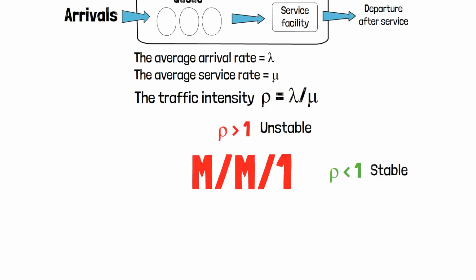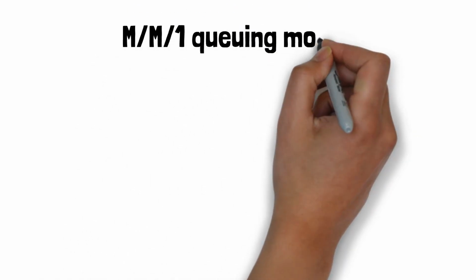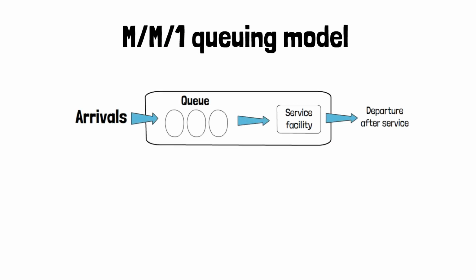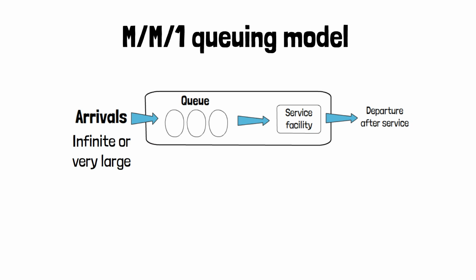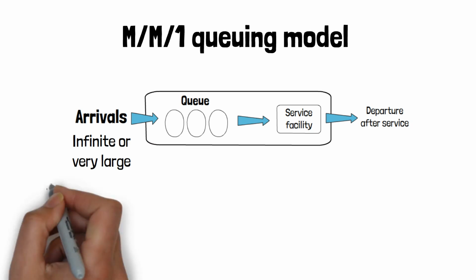The MM1 queuing model is based on several key assumptions that define its structure and applicability. Firstly, it assumes that arrivals come from an infinite or very large population, meaning there is no practical limit to the number of potential arrivals, ensuring the arrival rate remains constant regardless of the system's state.